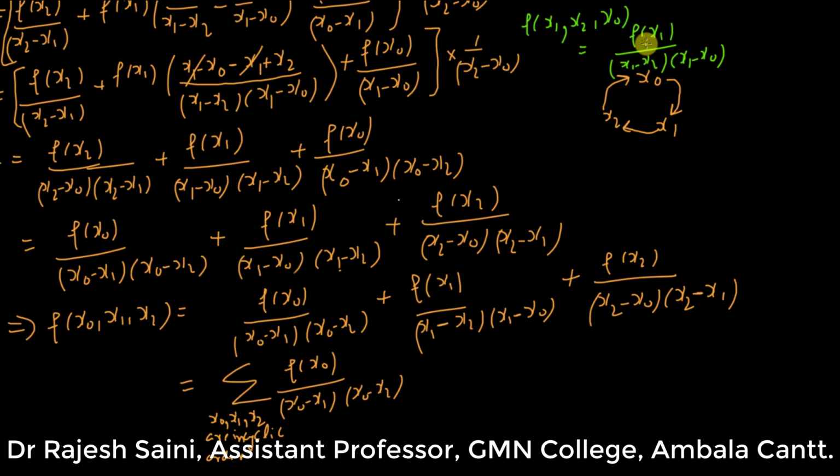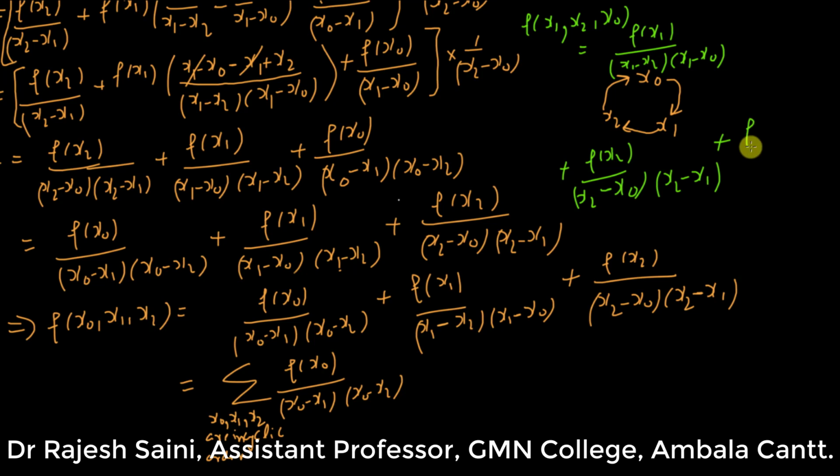Now with the help of this I will write the next term by using this one. Next term will be plus f of, after f of x1 you will get f of x2, after x1 x2, after x2 x0, after x1 x2, after x0 x1, fine.